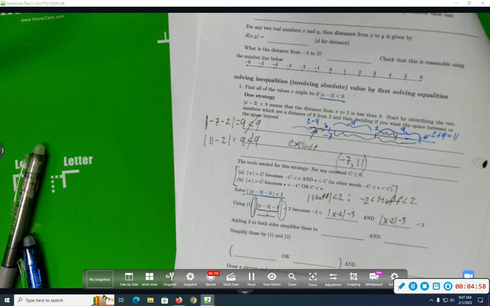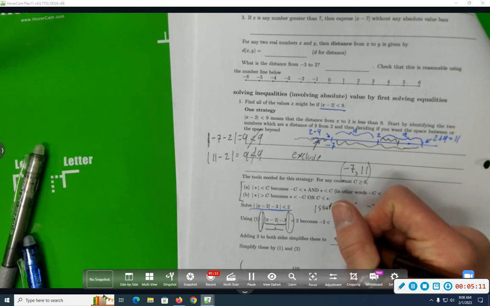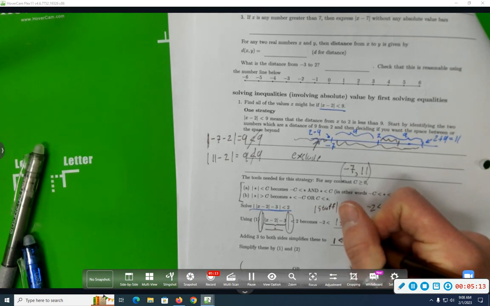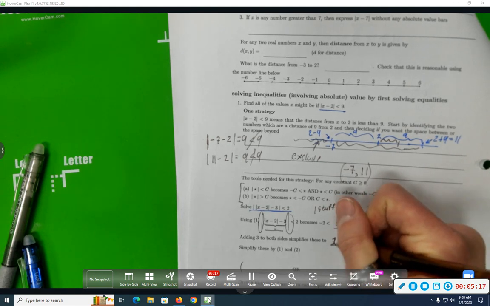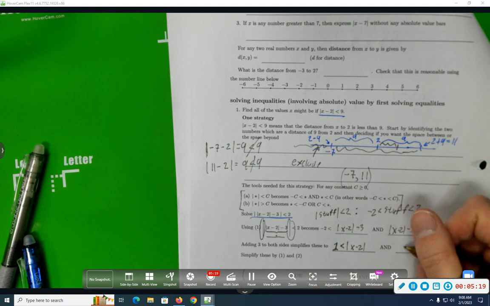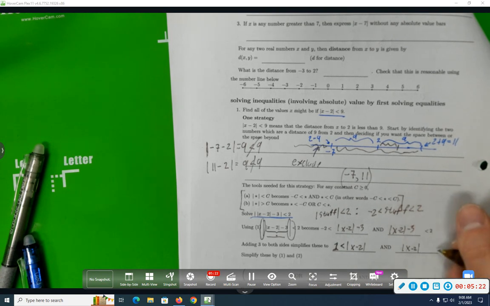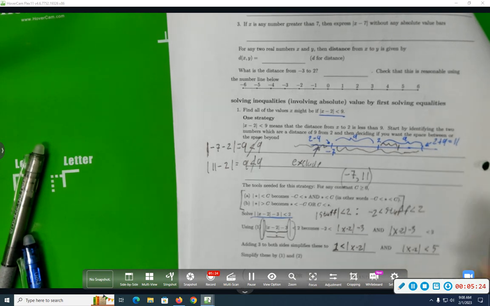Add 3 on both sides, just get rid of that minus 3. So 1 is less than absolute value of x minus 2, and absolute value of x minus 2, adding 3 to both sides, is less than 5.